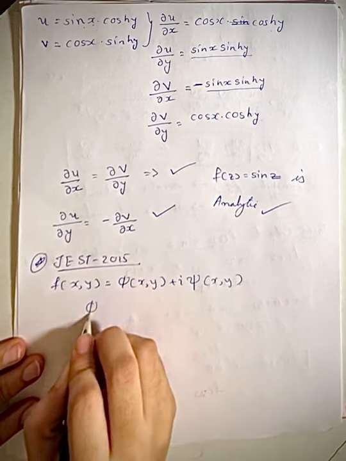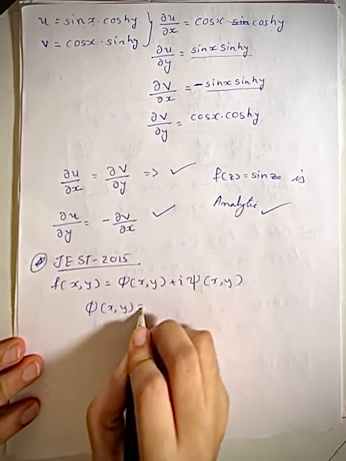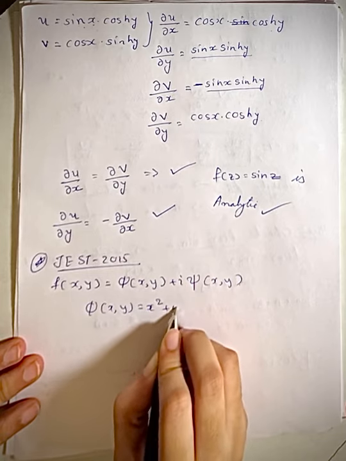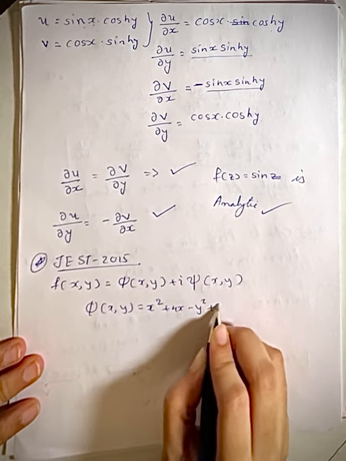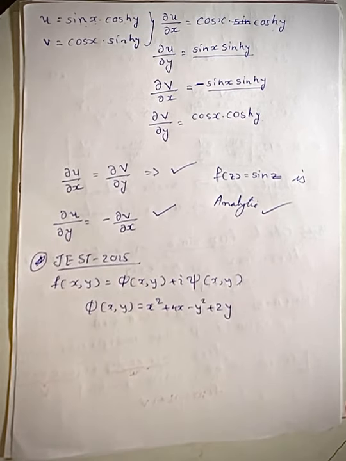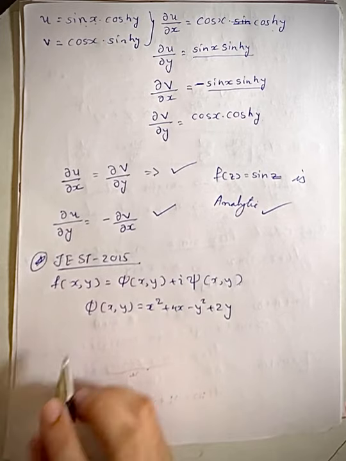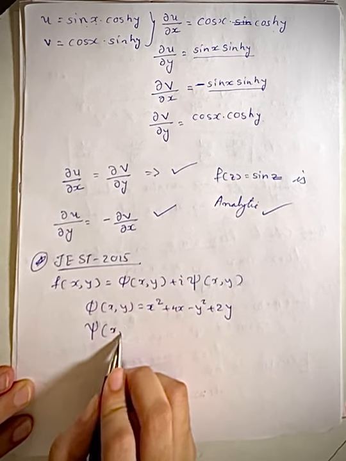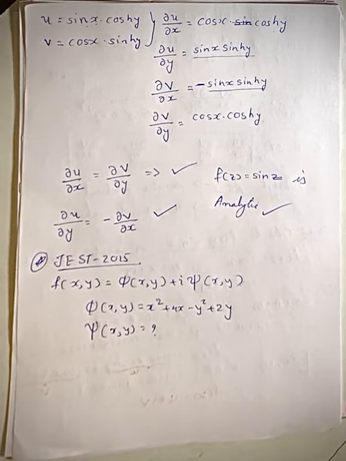You are given phi of xy, which is x squared plus 4x minus y squared plus 2y, and you are given 4 options for psi, and you have to find out which of them is correct. So what we have to do is find psi xy.